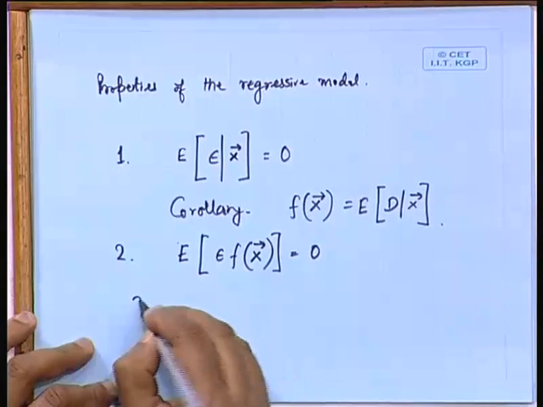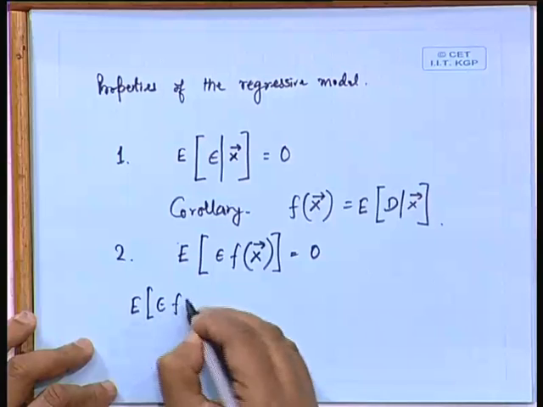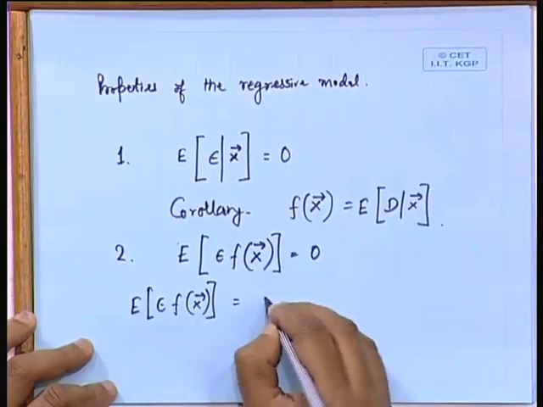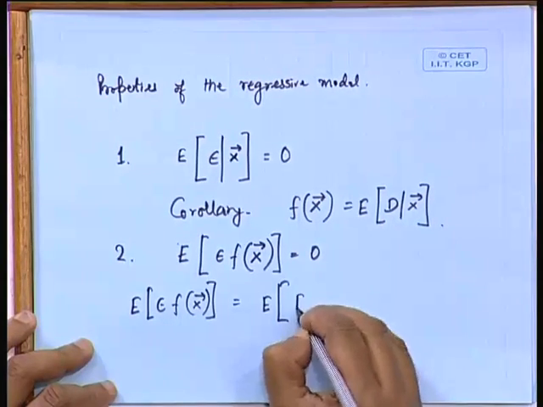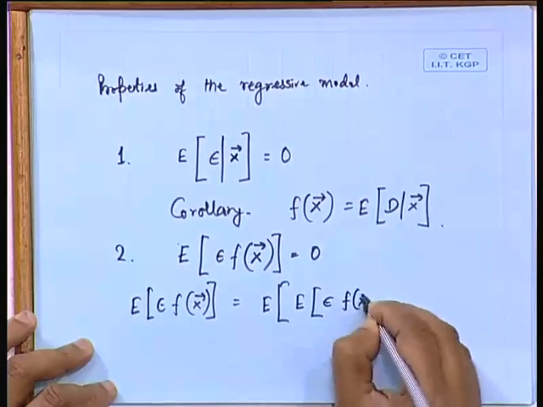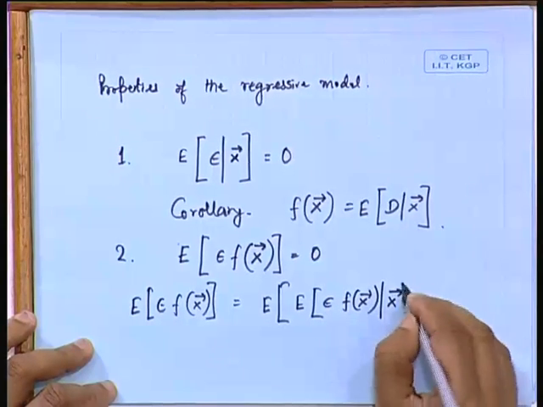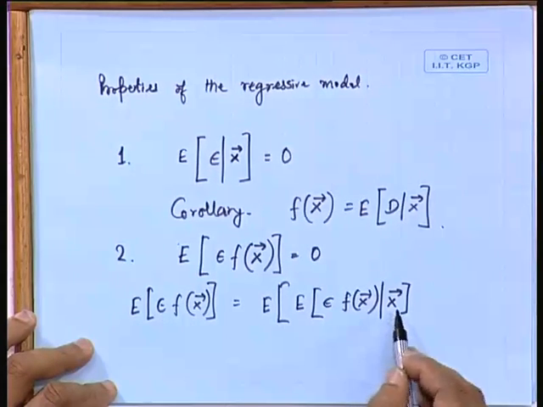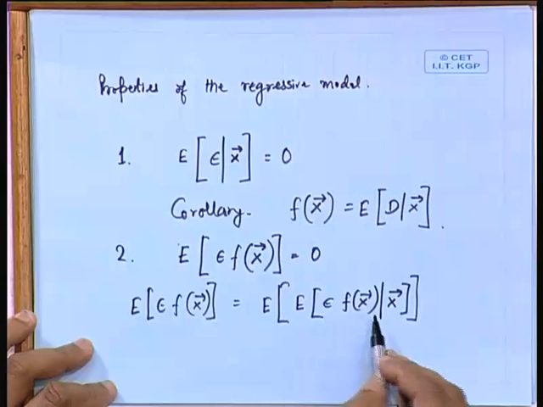We can write the expectation of epsilon f(x vector) as the expectation of epsilon f(x vector) given a realization x vector. The definition of epsilon f(x vector) itself says that this can be realized as the expectation of this.